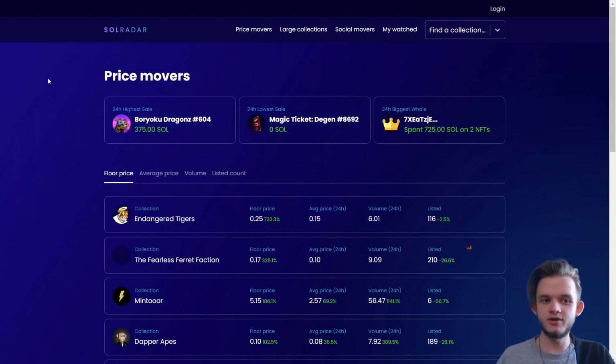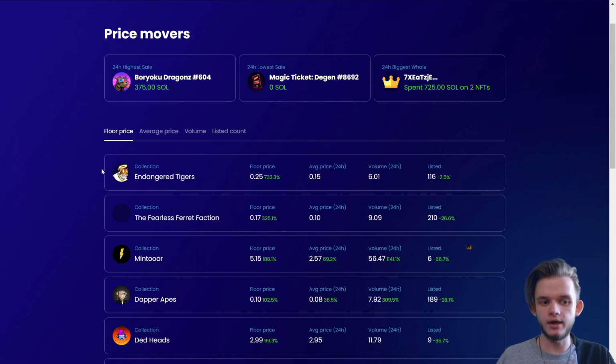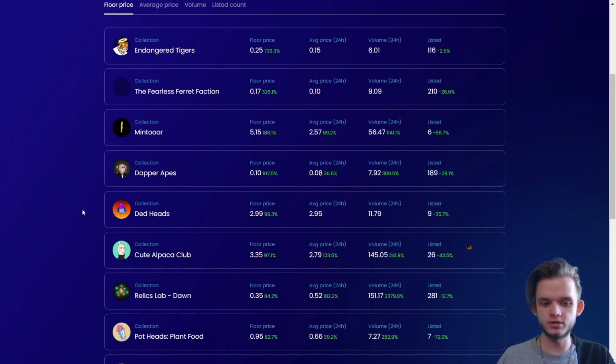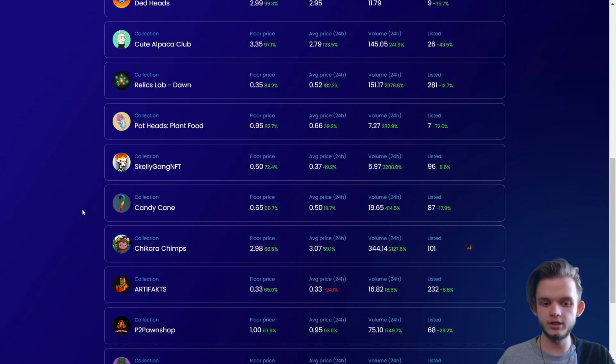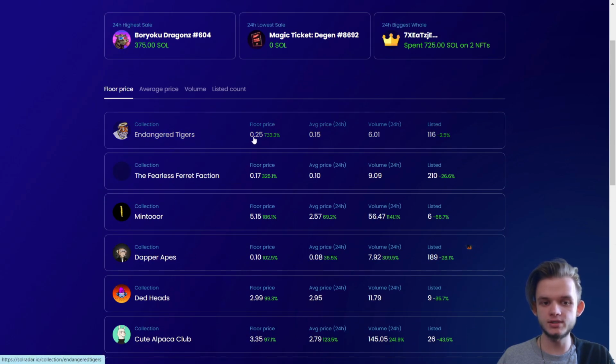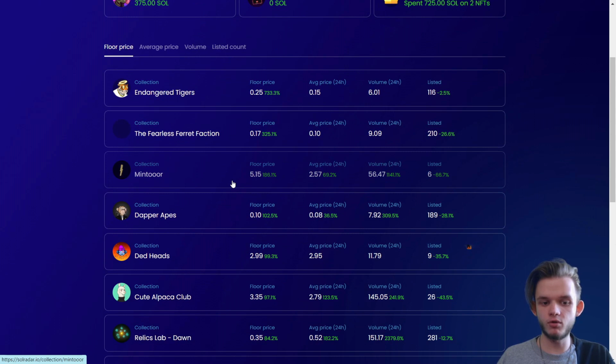Another interesting website is called SOL Radar. We just go here and check out, for example, the SOL price. This answers the question, how do I find new SOL collections? You see the floor prices really growing hard, and you just click on it, then write its name in SOL Sniper, and check the number of listings, the floor, and the volume.